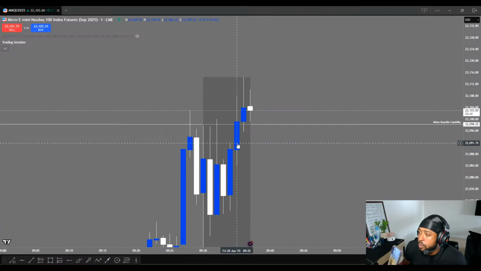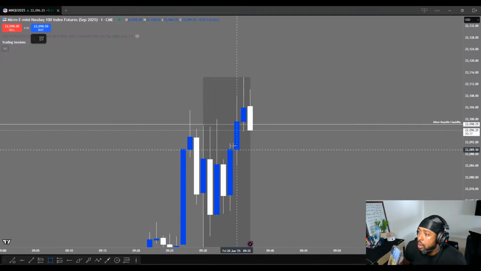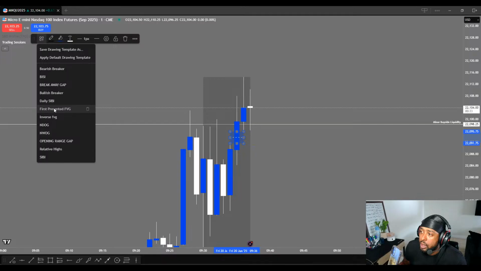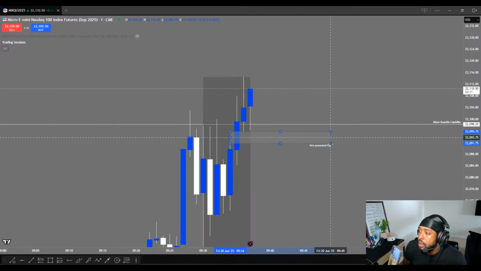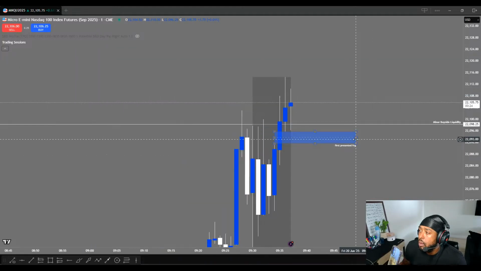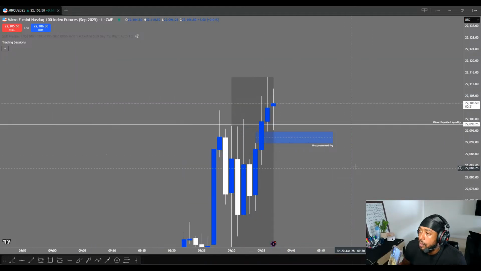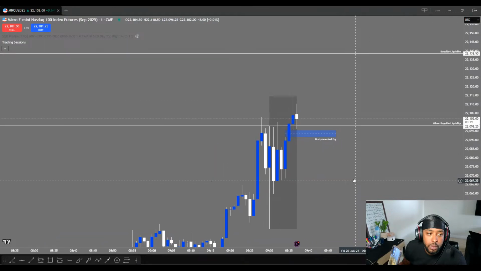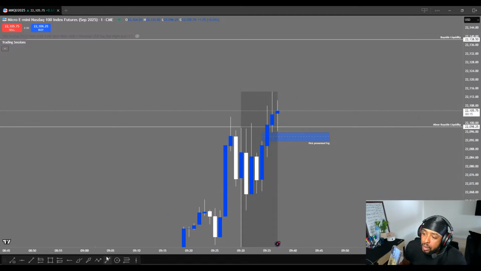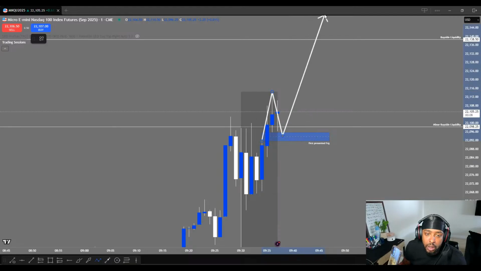Oh, we finally got the first percentage fair value gap. This is the first percentage fair value gap that got created after 9:30. So if you're bullish, right, you would expect this to hold and to get displacement away.